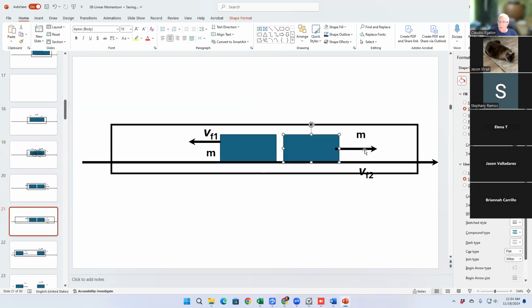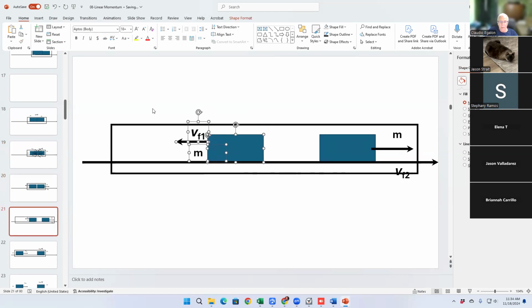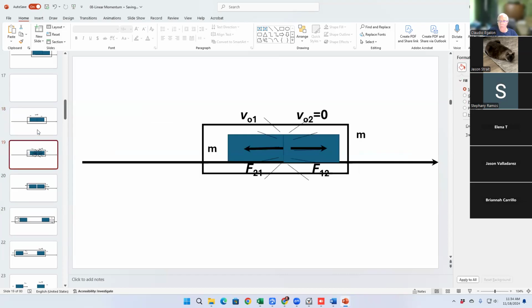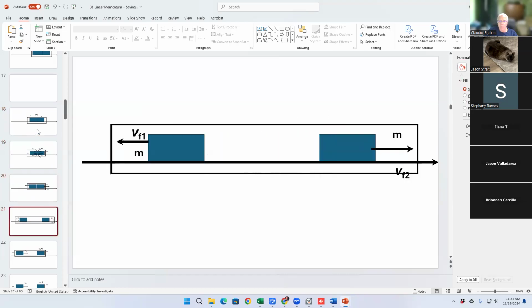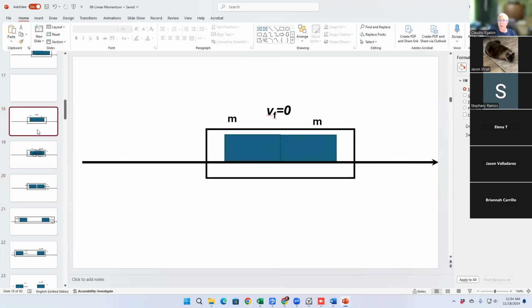The system is stretching. Boom, boom. They're moving away. That's the illustration. Now let's solve the problem.